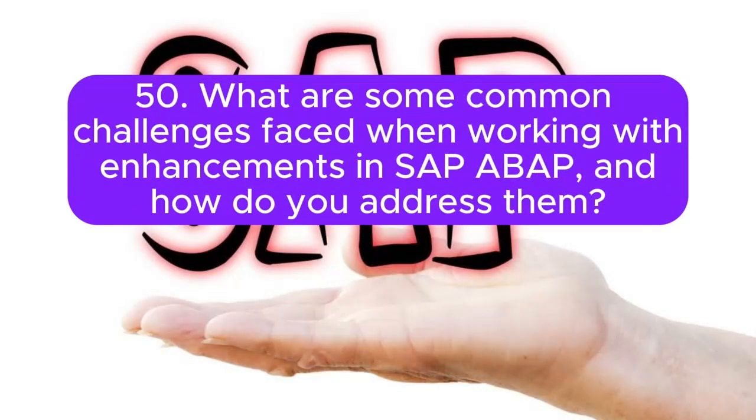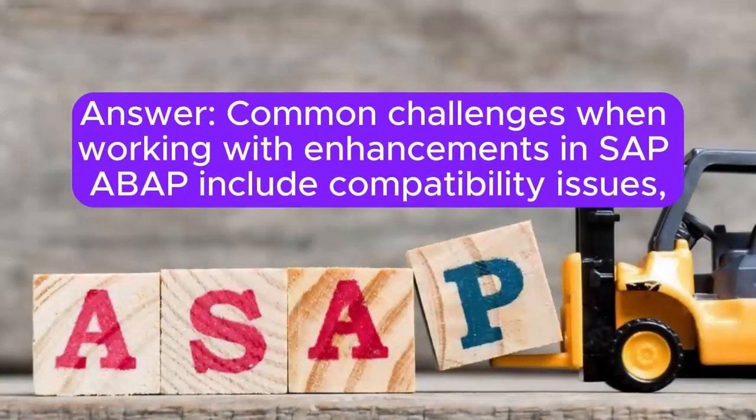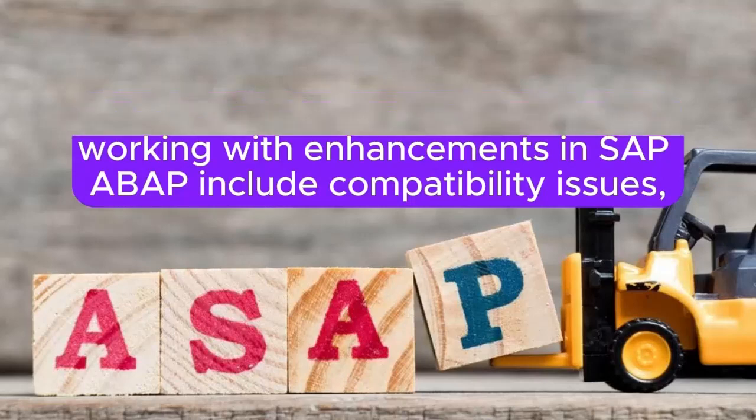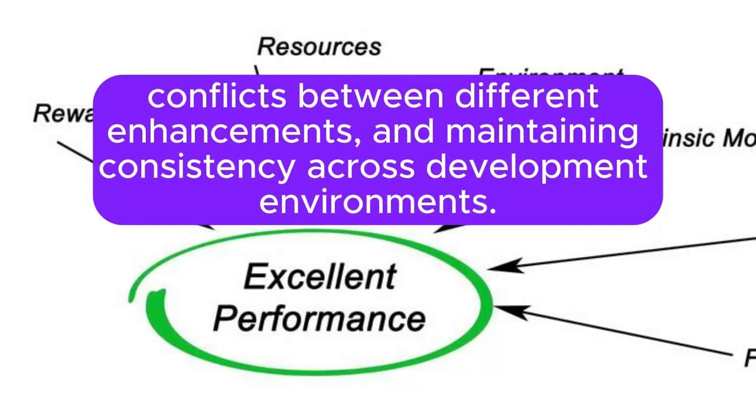50. What are some common challenges faced when working with enhancements in SAP ABAP, and how do you address them? Answer. Common challenges when working with enhancements in SAP ABAP include compatibility issues, conflicts between different enhancements, and maintaining consistency across development environments.